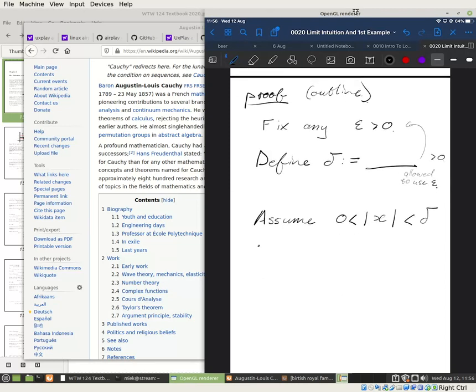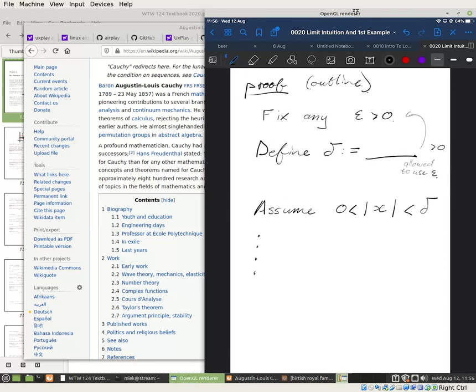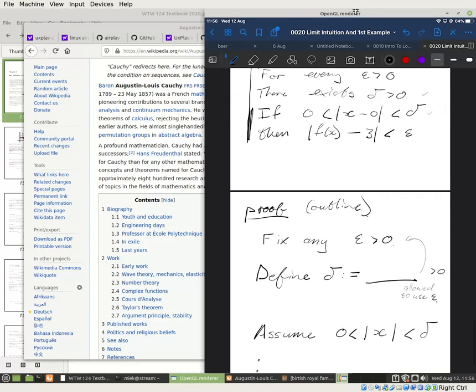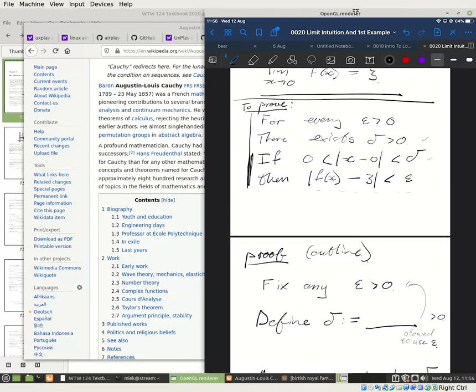And now here we need to do a bit of work, and finally we want to conclude, under the assumption that 0 is less than absolute value of x less than delta, that absolute value of f of x minus 3 is less than epsilon.